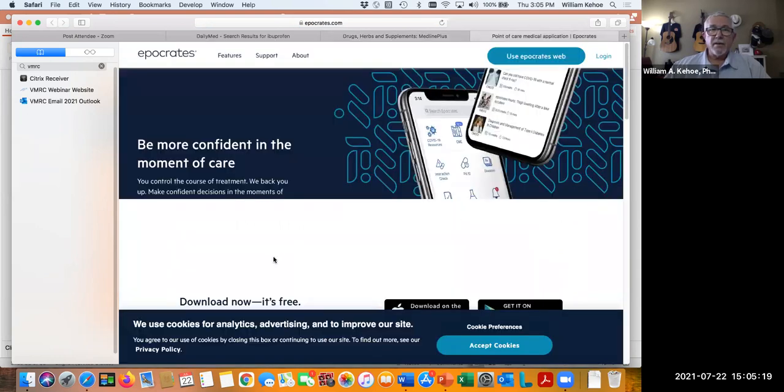Lastly, this is an online version of what we call Hippocrates, and it's drug information. It's by drug. It'll tell you general stuff like dosing, what it is used for, common side effects, those kinds of things. But the cool thing about Hippocrates, if you go to your smartphone and you go to the App Store, you just enter this name, Hippocrates, you'll see that the app is there, and it's a free app.